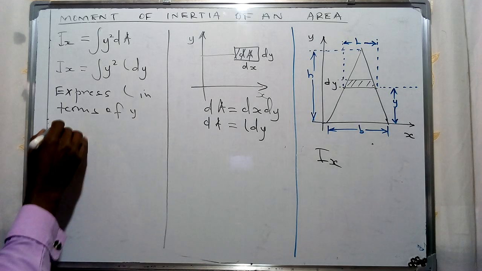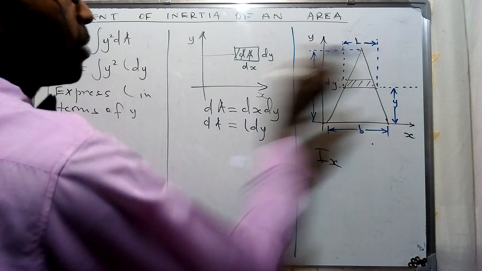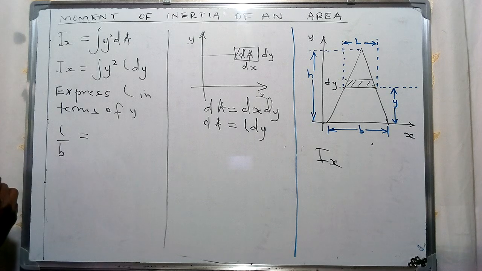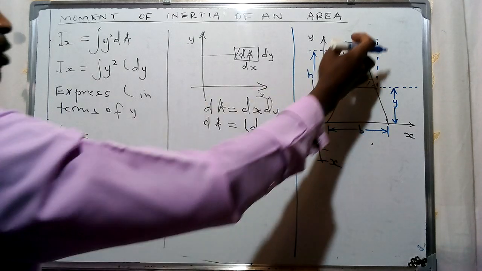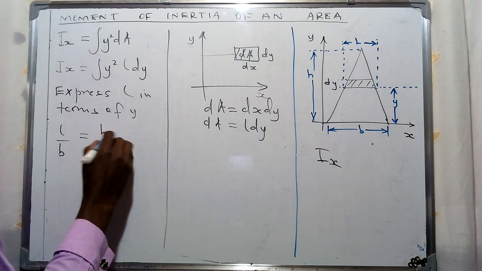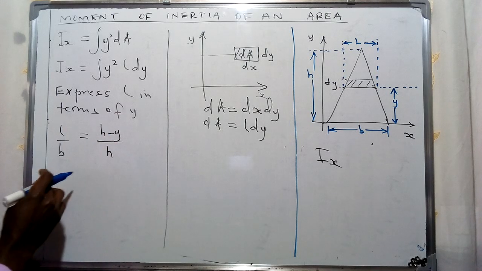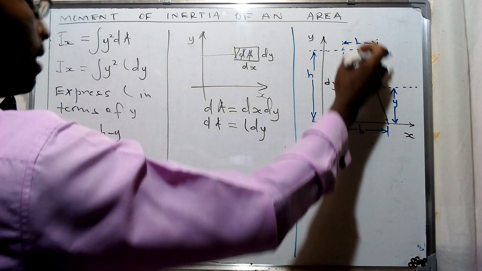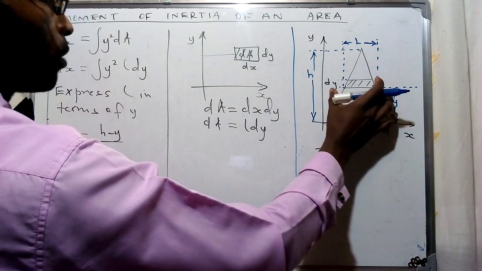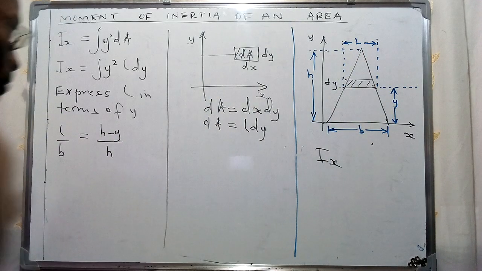To do that, we are going to consider the similarity between the larger triangle and the smaller one formed at the upper part with a base of L. Therefore, L over b is equivalent to the ratio between the height of this small triangle over the height of the larger triangle. The height of the small triangle is h minus y, the difference, all over the entire height, which is h.